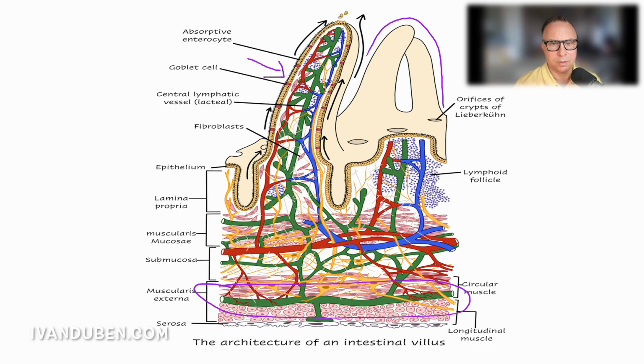And these crypts of Lieberkühn are also areas here where you will have beneficial bacterial colonies, or hopefully they're beneficial, but the microbiome does tend to hang around in some of these crypts. And we also have to consider that the outside of these microvilli have a mucosal layer as well, and that is part of the immune system.